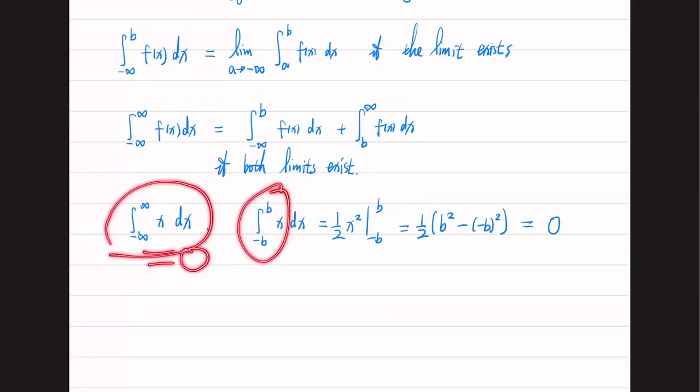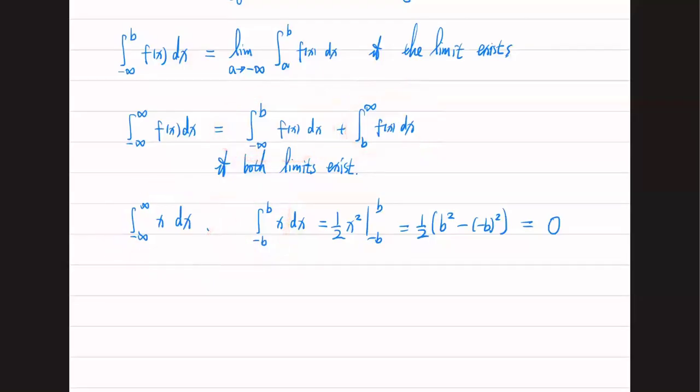Because we have to check the two one-sided limits. Let's check the one-sided limit from 0 to infinity. So this one, we check the integral of x dx.